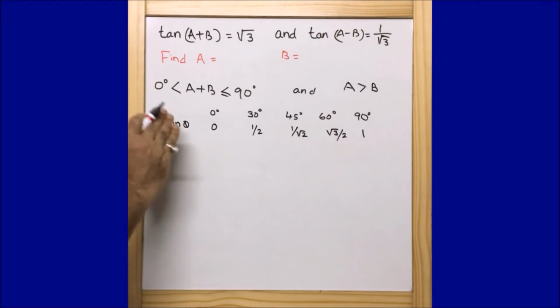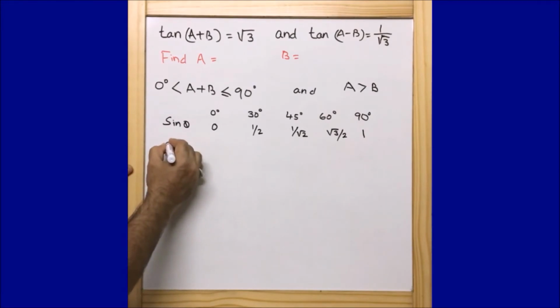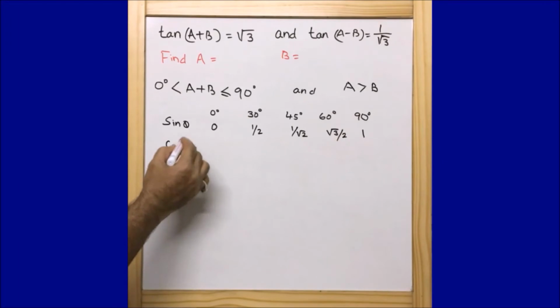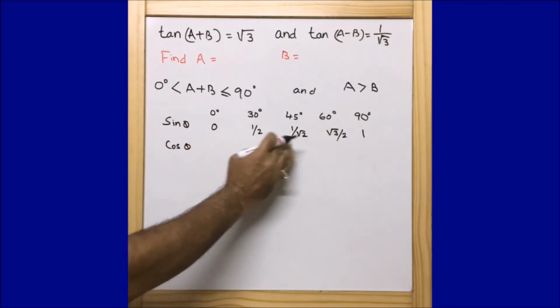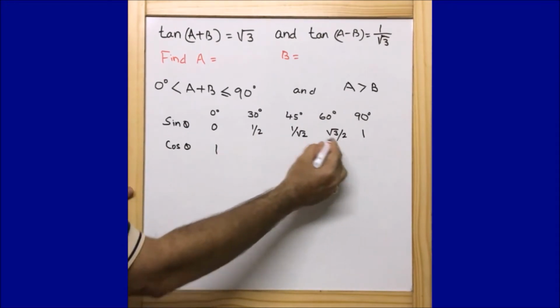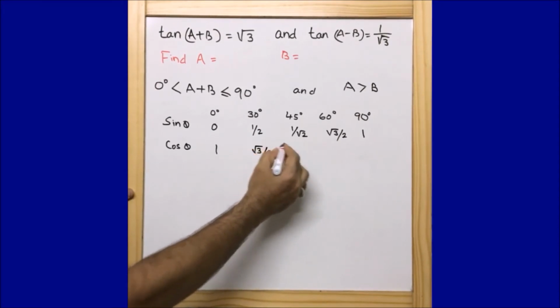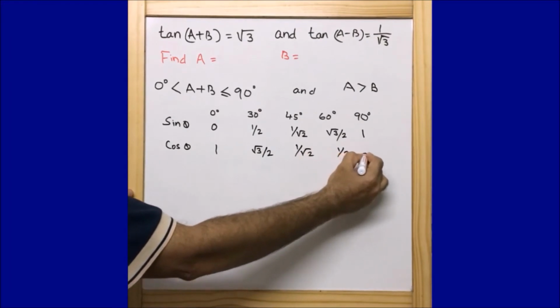Let us remember the values for sine, and if we remember the values of sine, we can easily find out the values of cos. The values of cos theta are nothing but the reverse of this one. So here it is 0, 1 by 2, 1 by root 2, root 3 by 2, 1. So simply I will reverse it: 1, root 3 by 2, 1 by root 2, 1 by 2, 0.